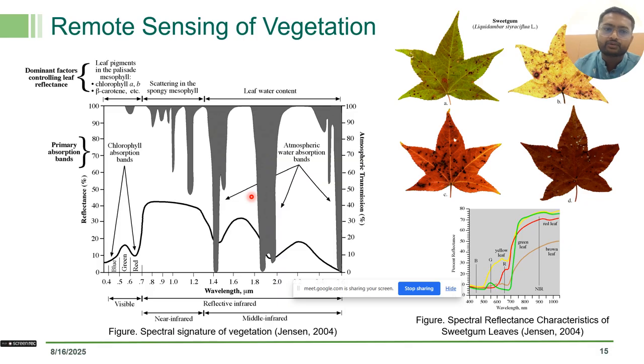This is how we can detect different leaves or vegetation. If it is more green, it means it has lots of chlorophyll, and it will reflect more near infrared light. This happens because of the leaf structure, which you will learn in detail during class time.